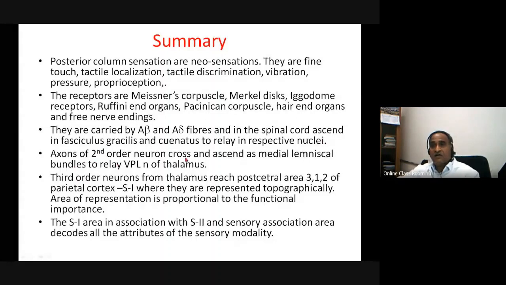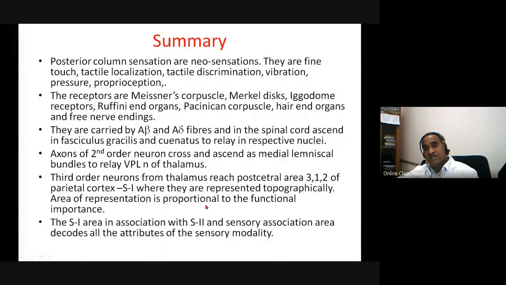The axons of the second order neurons cross and ascend as the medial lemniscal bundle to relay in the ventral posterolateral nucleus of the thalamus. Third order neurons from the thalamus reach the postcentral areas 3, 1, 2 of the parietal cortex, that is area S1, somatosensory area 1, where they are represented topographically, with pinpoint localization.